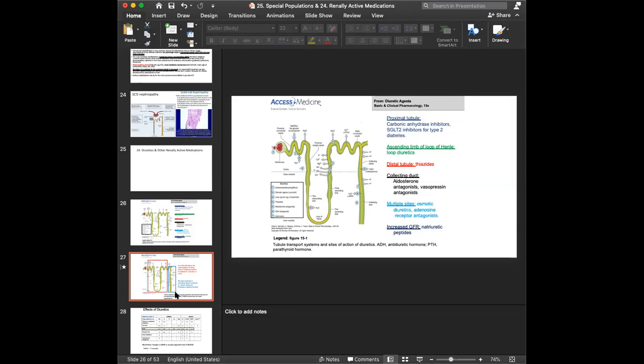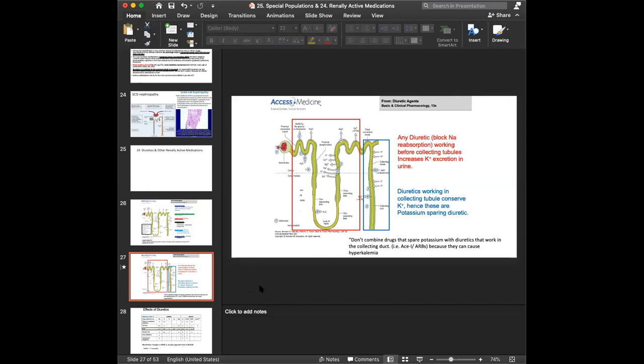Okay, so any diuretic before we get to the collecting duct is going to increase potassium excretion in the urine, so we're going to be left with hypokalemia.